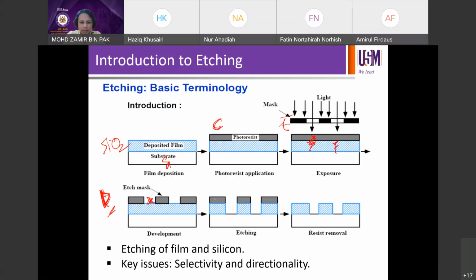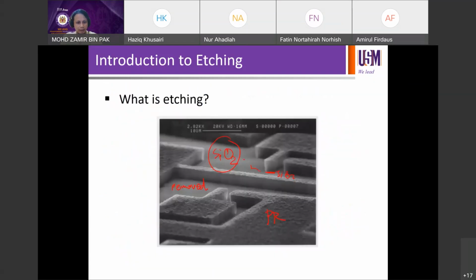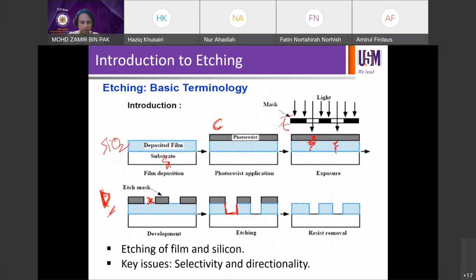So in this case, you have your resist pattern to be able to etch the open areas. Like what we saw earlier, these open areas we want to remove. We want to remove further in, dig deeper. So you want to remove those open areas as what you see here.